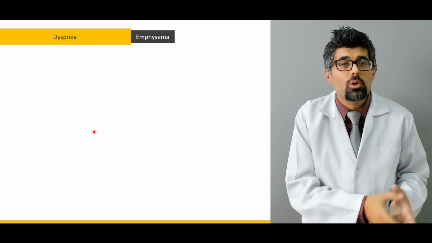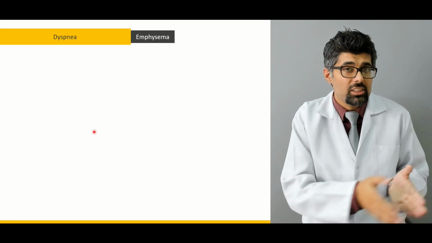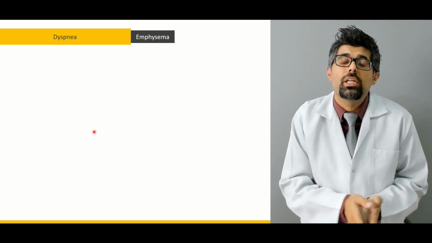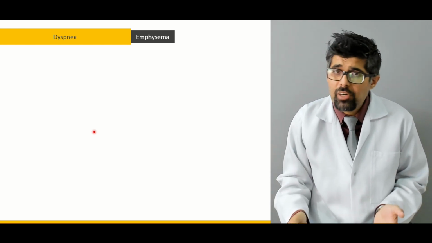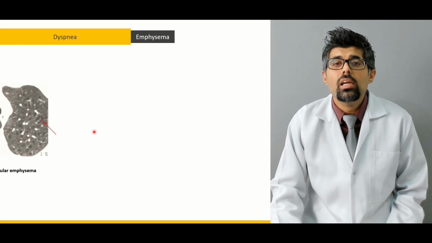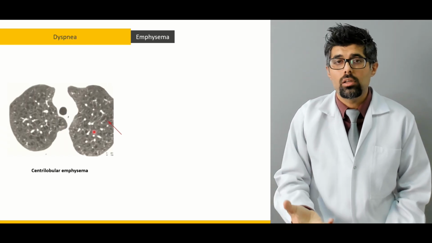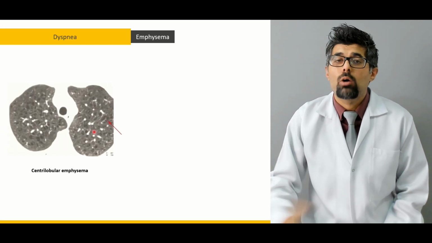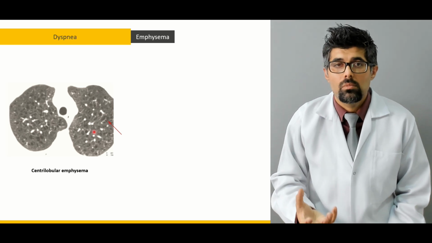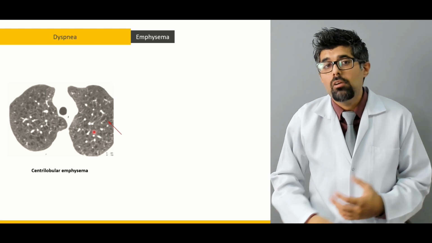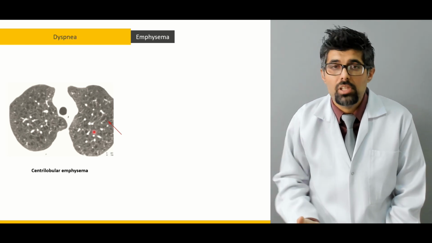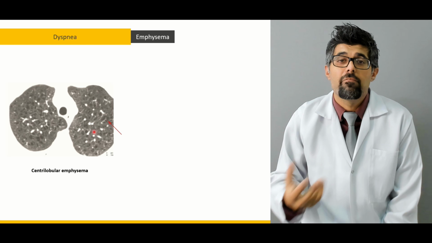We already saw an example where the air escaped into the subcutaneous tissue, which caused subcutaneous emphysema. But when air escapes into the lung, where it shouldn't be, outside the alveoli, when the alveoli start to be destroyed and are replaced with air, it is what we call emphysema.